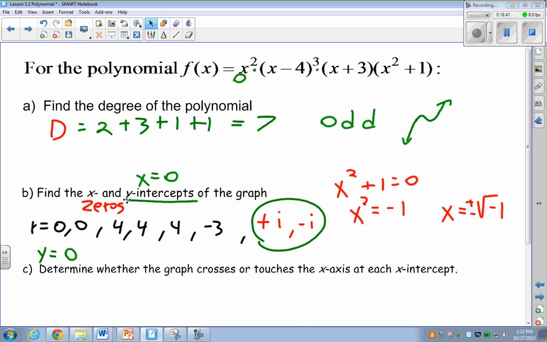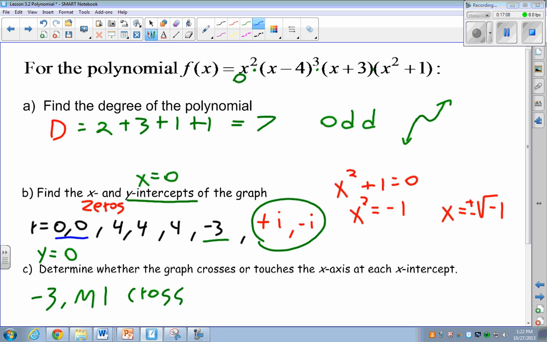All right, so we found our x and y-intercepts and their multiplicities. Now let's figure out where the graph crosses or touches the x-axis. Let's start off with our smallest one, -3. -3 has a multiplicity of 1, which means it will cross the x-axis. Now let's go to our second smallest, which is 0.